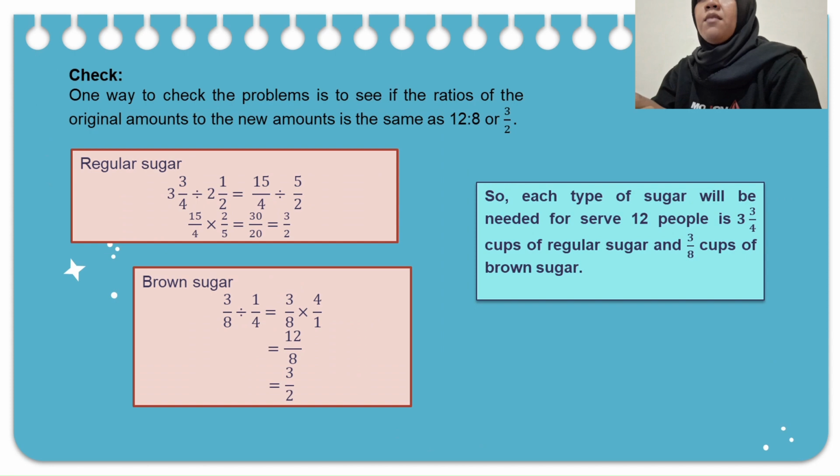So the amount of each type of sugar needed to serve 12 people is 3 and 3/4 cups of regular sugar and 3 over 8 cups of brown sugar.